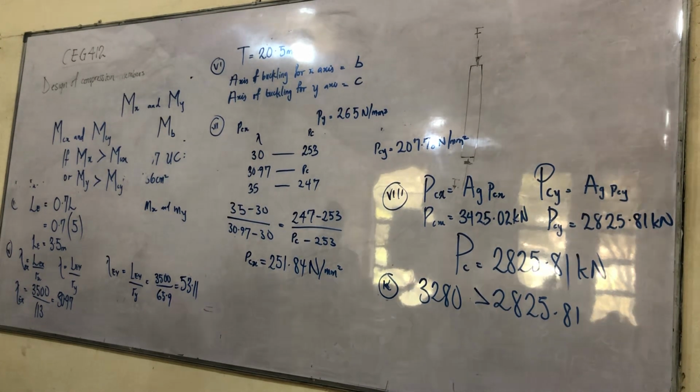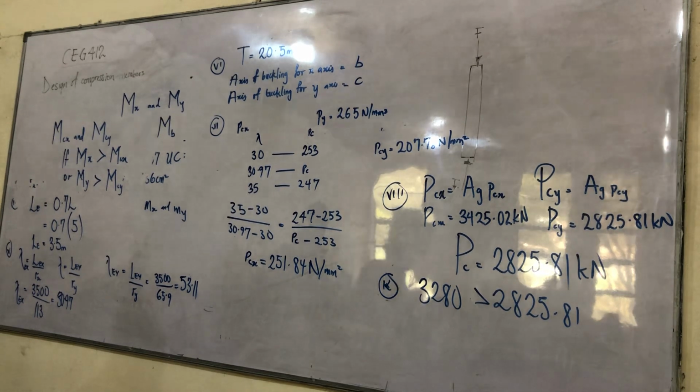Select a suitable column section in grade S275 steel to support a factored axial concentric load of 1,800 kilonewton.